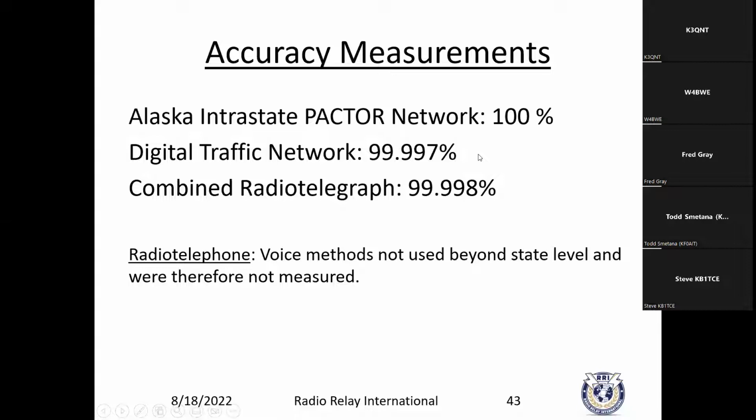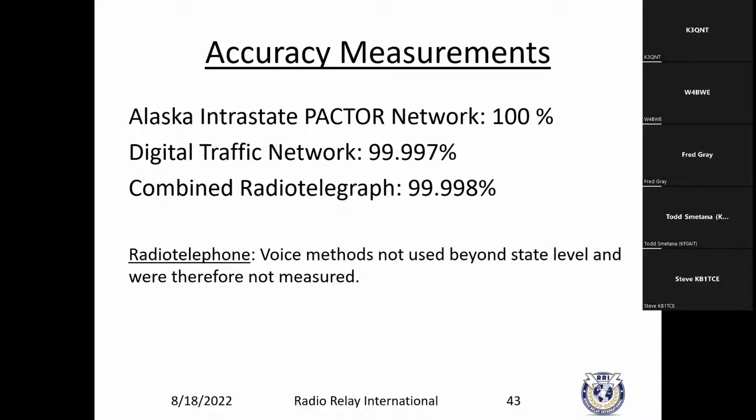Now you might say, well, why did the digital traffic network score lower than the combined radio telegraph? Well, an accountant will tell you that 99.997% versus 99.998% is a de minimis difference. But if you want to dig a little deeper, one of the dangers of digital communications is that you can have data entry errors.